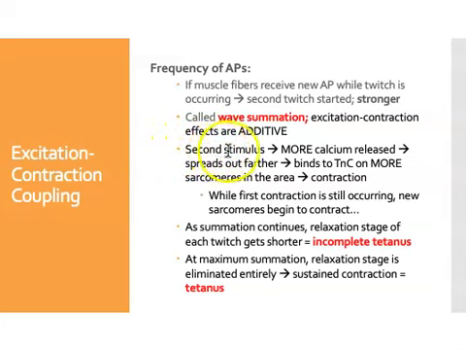As the second and subsequent action potentials arrive, you're just going to see more of that happening. More acetylcholine, more binding, more depolarization, more action potentials going down the T tubules, more calcium released from the terminal cisternae, and that allows a spreading out of the effect. More sarcomeres become involved.